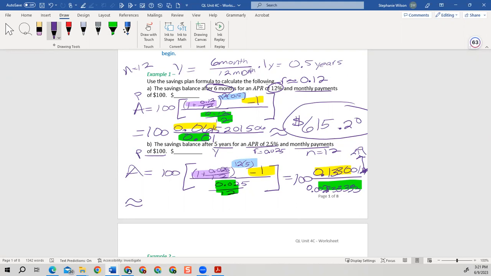All right, so I came up with, I'm going to double check my math right quick because I came up with something different that time than I did the time before. So it doesn't hurt to always check your math, okay?